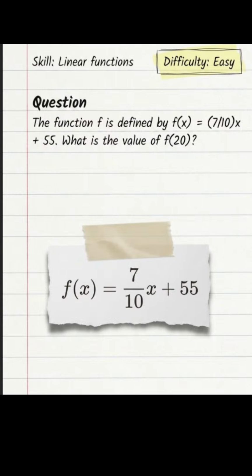Okay, I'll read the question and then you can attempt and write the correct answers in the chat, and then we'll check if they are correct after solving the question. So the question is that the function f is defined by f of x is equal to 7 by 10 multiplied by x plus 55. So what is the value of f of 20? And the function f of x is given.